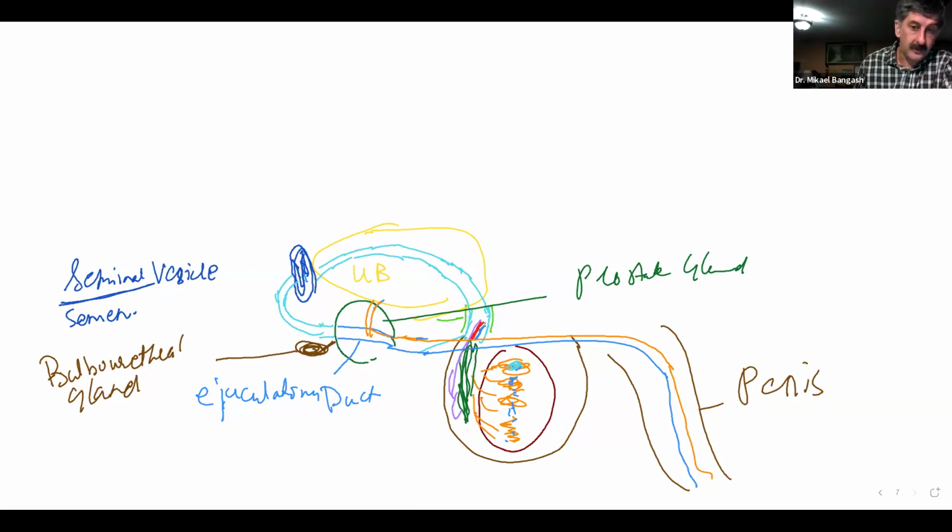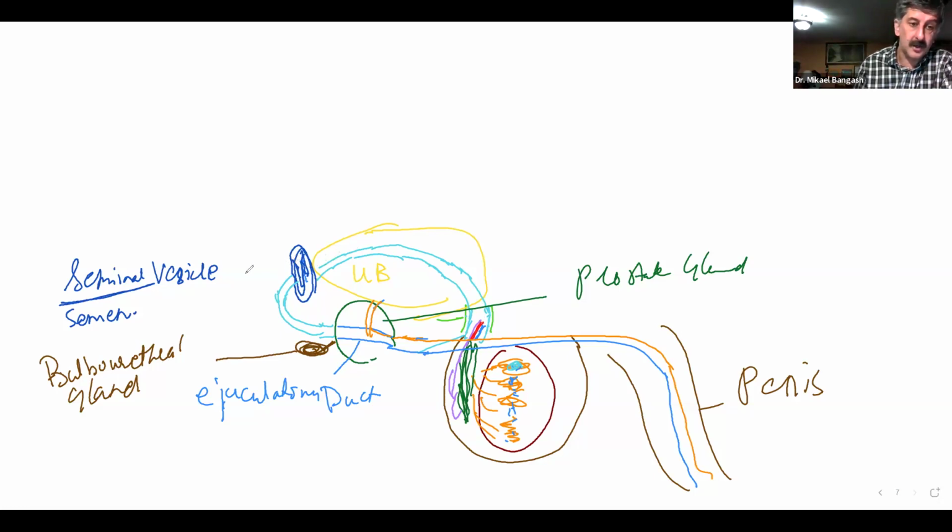We join the testicular artery and testicular vein, and travel through what we call a spermatic cord, through the inguinal canal into the pelvis, where it runs on the side of the urinary bladder.